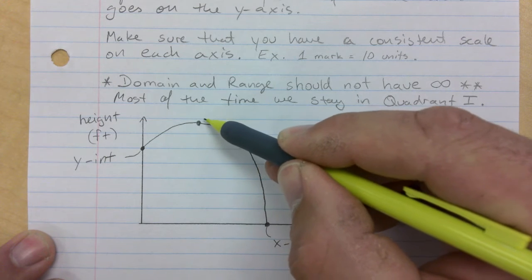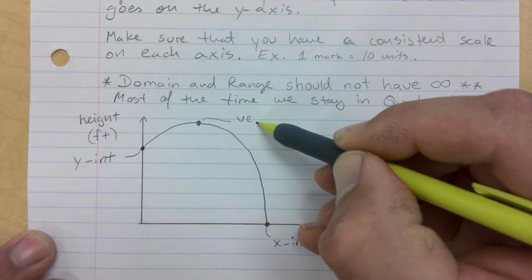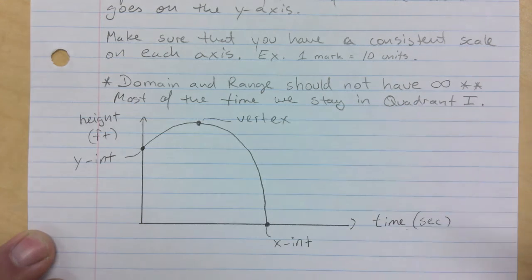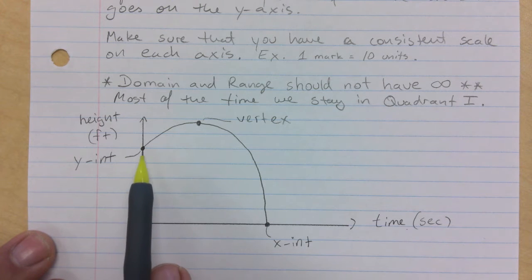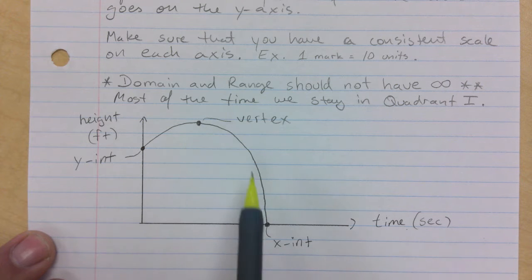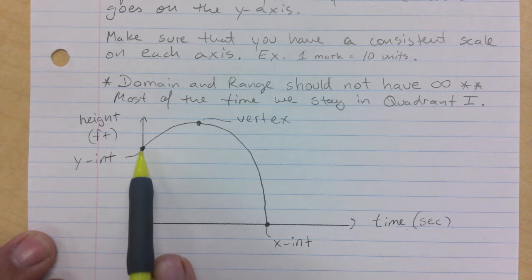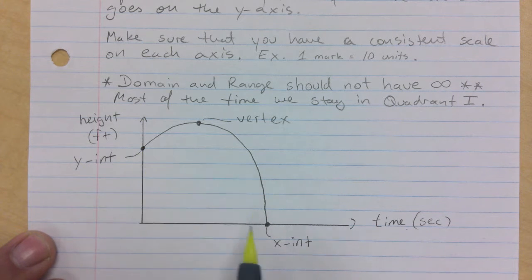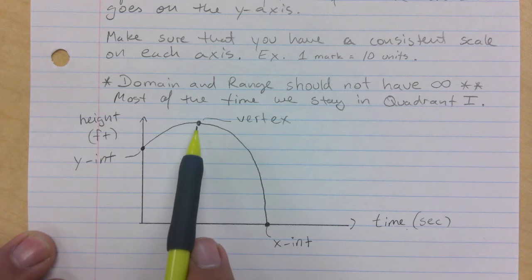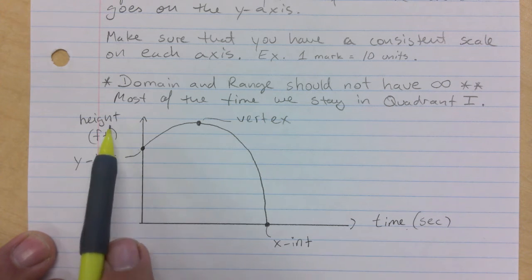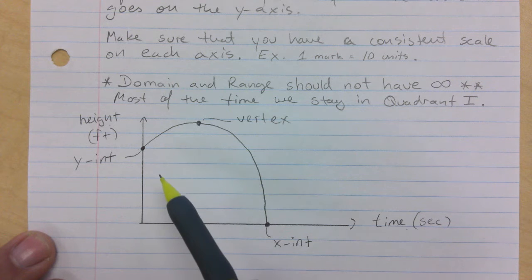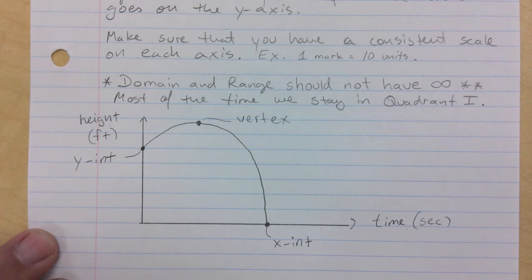This top point here is what we call the vertex. Okay? And you have to know that these are the most important points to us. They're very important. Like the intercepts, in this case, you have 2. You have the vertex, your labeling.